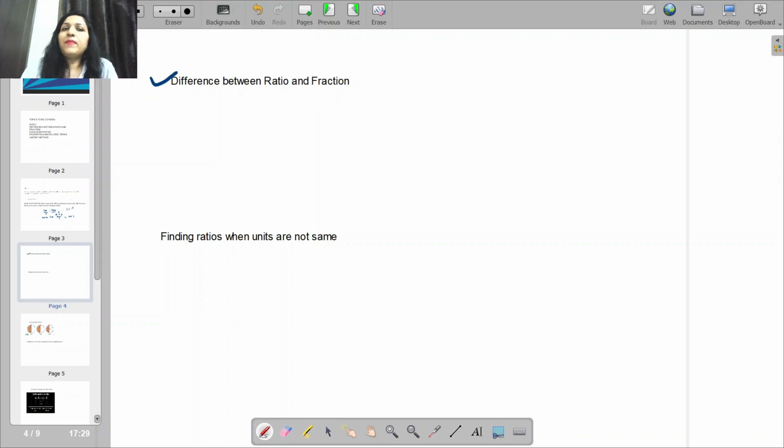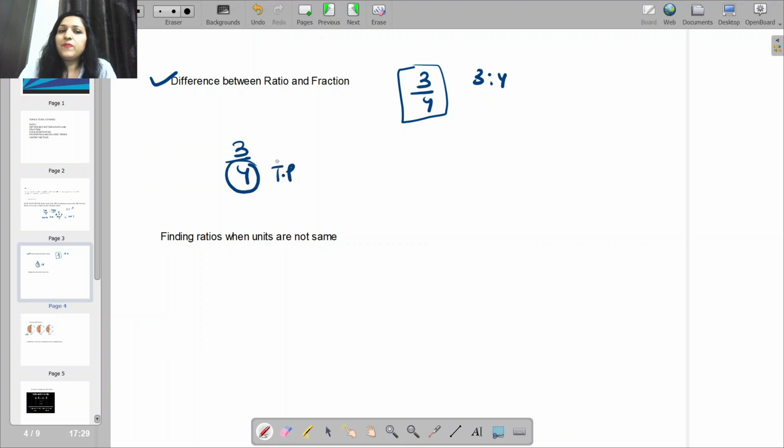Now अभी हमने बात किया कि ratio is written in a kind of fraction. अगर मैं 3/4 लिखती हूँ या 3:4, ऐसा तो फ्रैक्शन भी हमें दिखता है, 1 न्यूमरेटर 1 डिनोमिनेटर, है ना. तो what is the difference between a ratio and a fraction? Please understand, if I say 3/4 as a fraction, this denominator means the total parts and numerator means how many parts we have taken out of total 4, right?